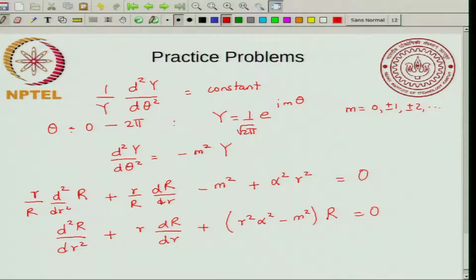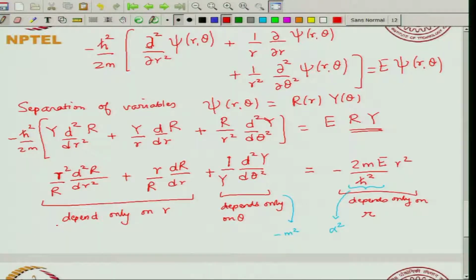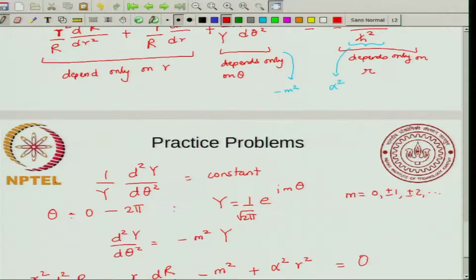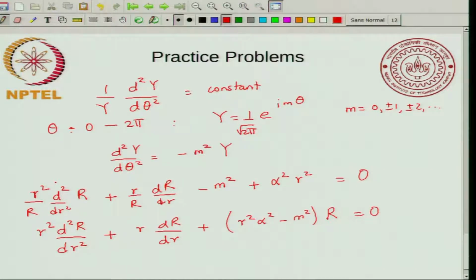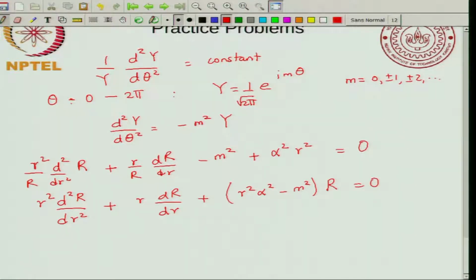So you have an r square here, and you have this r square here. So just to say it again, when I multiplied by r square, I should have an r square here. I had forgotten to write that, but now we can see that once we put that in, you get this exactly like the Bessel equation.